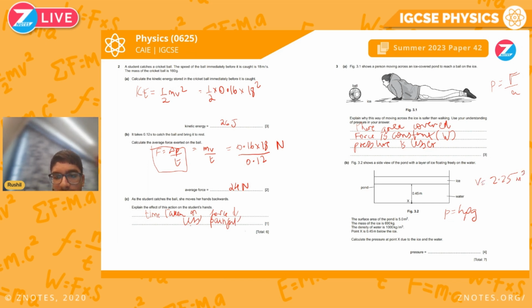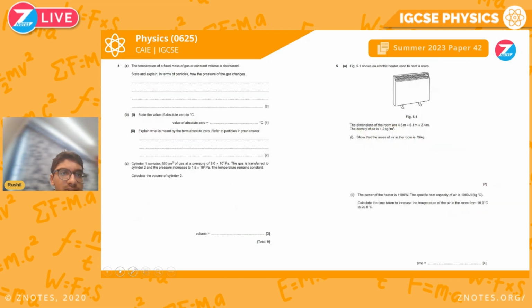So since density is mass by volume, here the density is going to be 306.7 kg per meter cube. And so we have our density, we know acceleration due to gravity, we know height. So here pressure is equal to 0.45 into 306.7 into 9.8, which is 1352.4 Pascal.